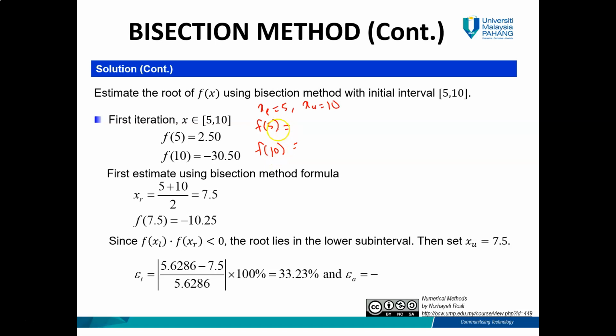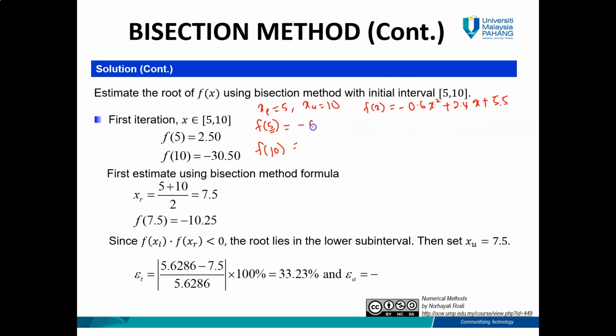To compute f(5), we need to substitute into the equation. We have f(x) equal to negative 0.6x squared plus 2.4x plus 5.5. When we want to compute f(5), this 5 is x, and we substitute it into this function.